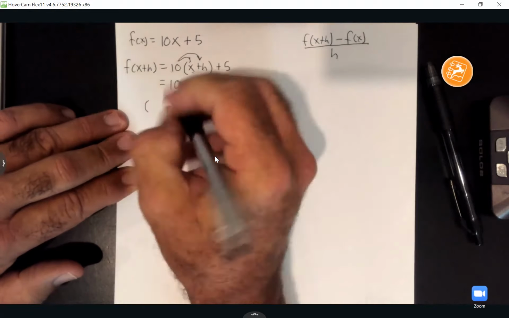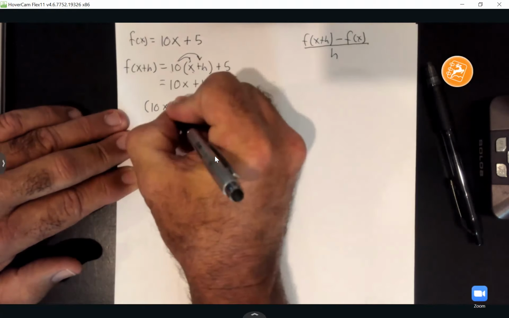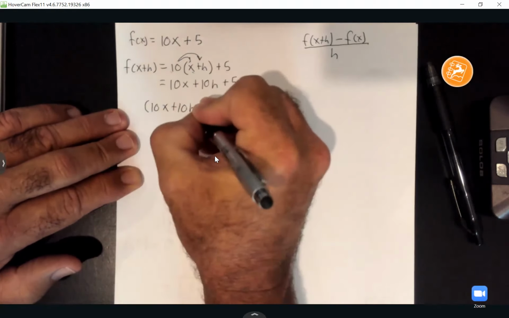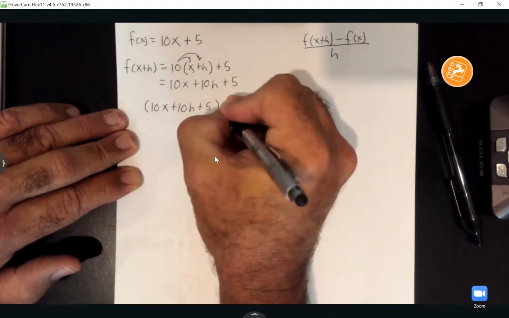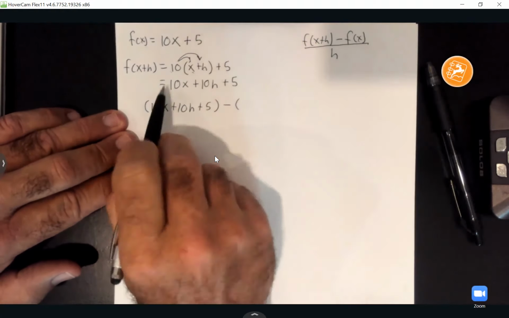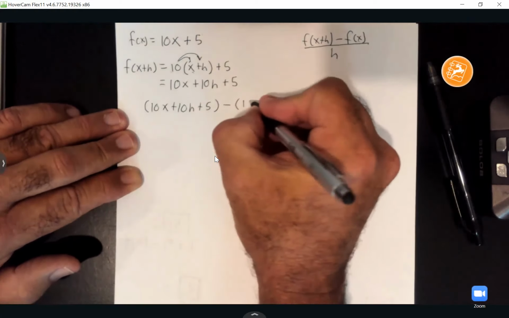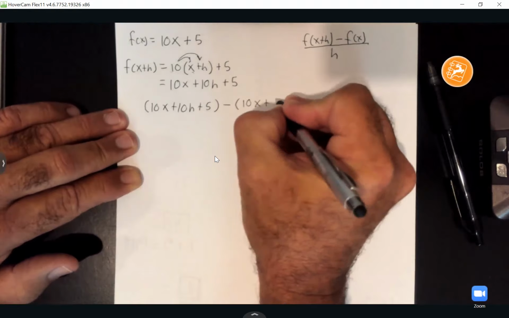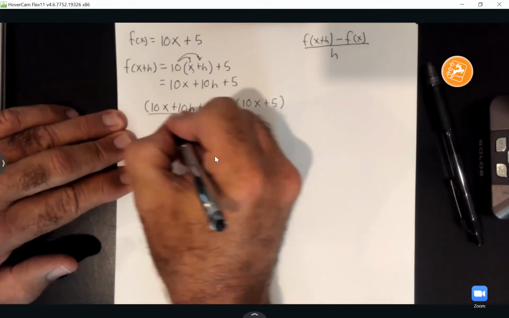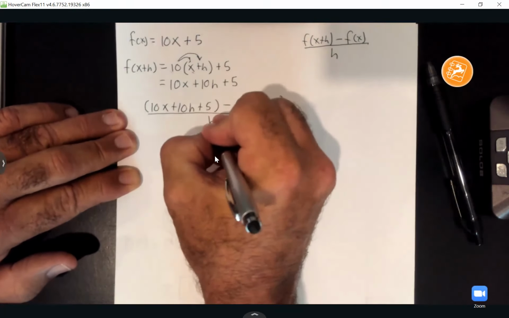So here we go: 10x plus 10h plus 5, minus, so that's the f of x plus h we just found, f of x, which is 10x plus 5, all of that over h.